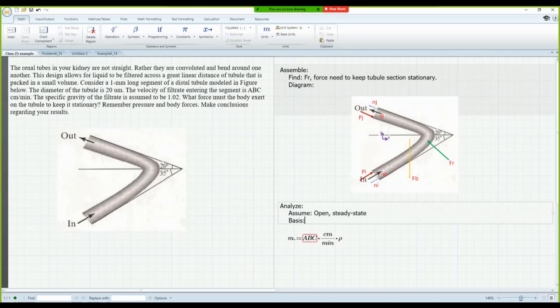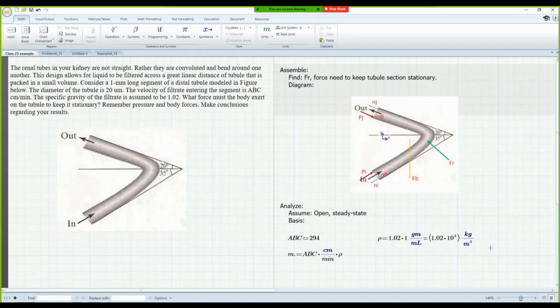And we need our density. Here the specific gravity is 1.02, so 1.02 times 1 gram per ml.